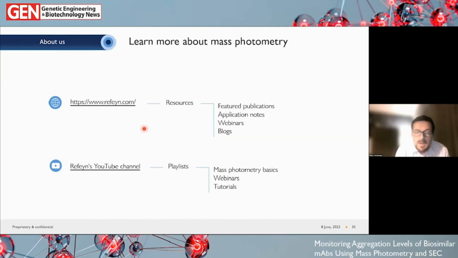And if you're interested in learning more, I think we have a regularly updated list of all the latest mass spectrometry related publications that you can have a look through yourself. Equally, on our YouTube channel, we also have various tutorials and webinars, starting with the fundamentals through to some of the more application-based focus, where some of our users are running through how they've used it in their own research.